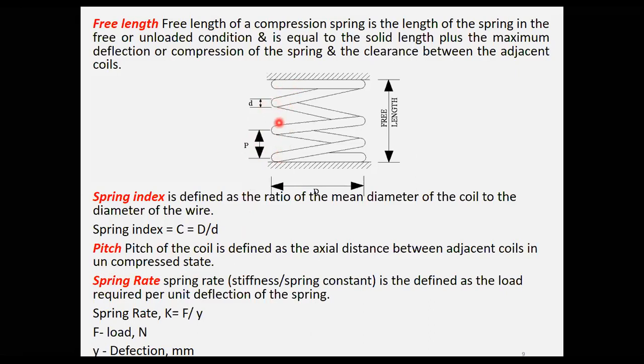Here you can see this is the adjacent coil. The axial distance which you are going to measure between the adjacent coils will give the pitch of that spring. And as I told you, we were using this term spring rate.